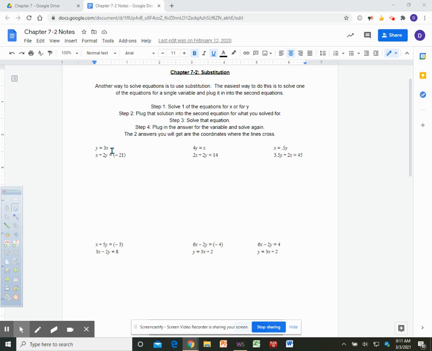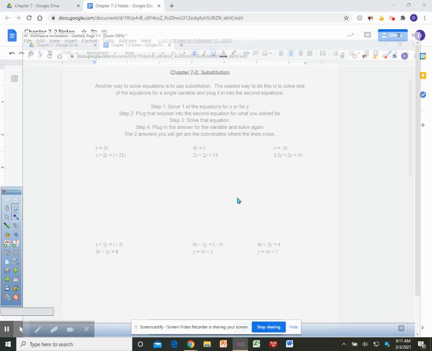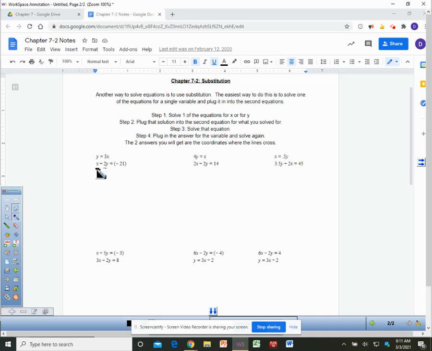So what you're going to do is, like I said, step 1, make one of the equations say x equals or y equals. So as you can see, they have that for us in the first one. It says y equals 3x. So step 2, I'm going to take this, and I'm going to plug it into the second equation, meaning I'm going to change every y in my second equation into a 3x.